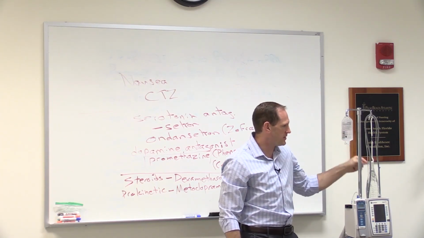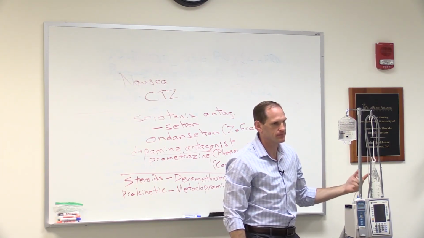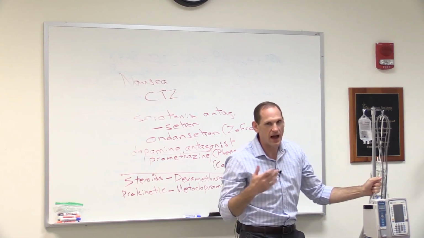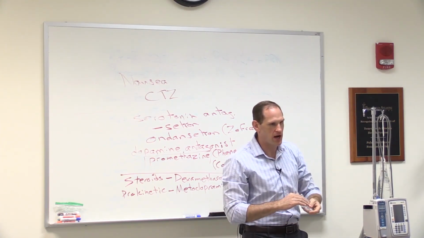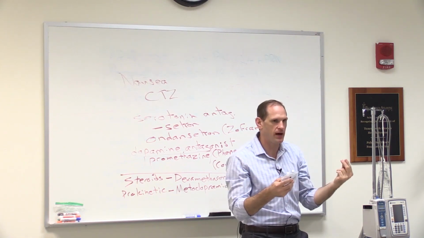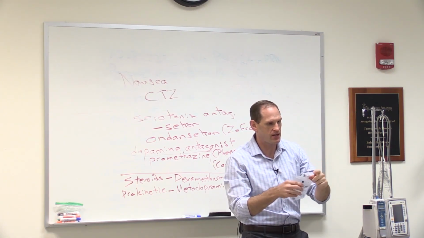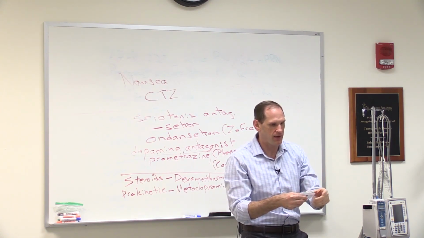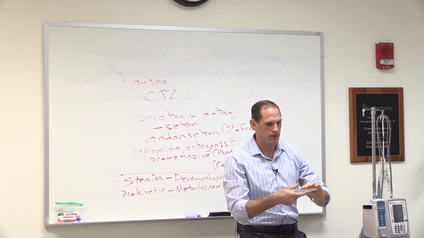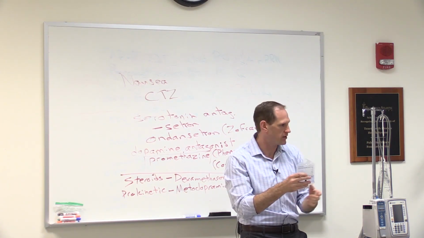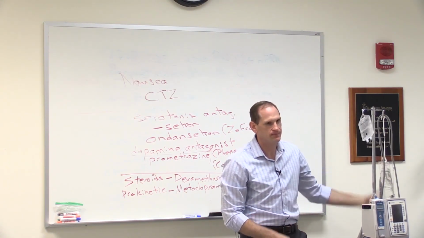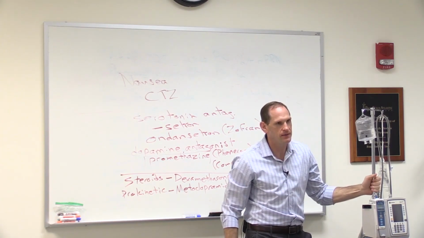So when this is empty, then it'll start pulling from this bag. So that is what we mean by IV piggyback. So you're going to drop either the metoclopramide or the promethazine, inject it into the little diaphragm, mix it, and then administer it through the other port into the IV. That's what we mean by piggyback.